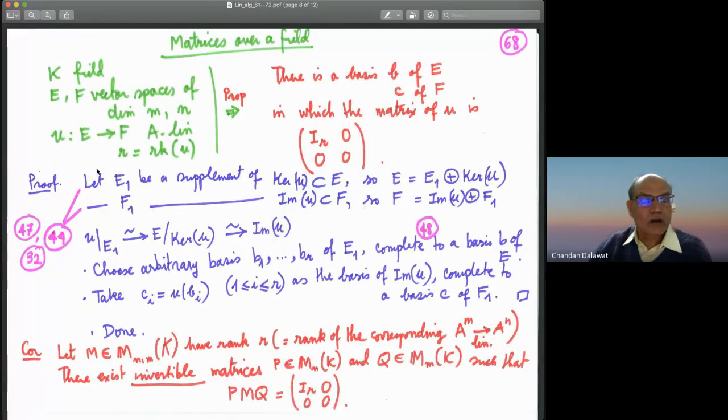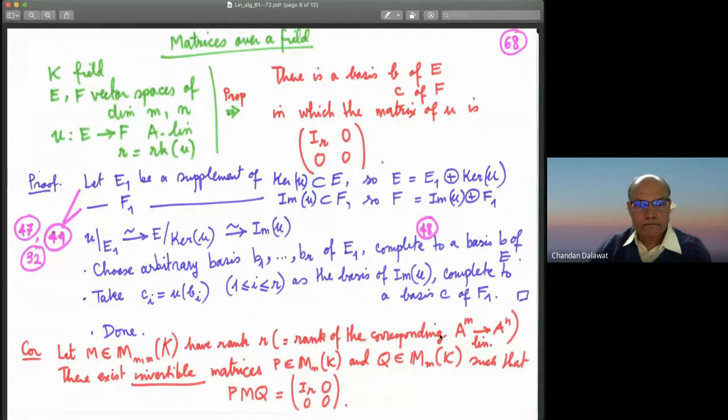So this proposition is essentially equivalent to the corollary, which says that if I have a matrix with n rows and m columns over a field K, and the rank of the matrix is R, what is the rank of the matrix? It's the dimension of the subspace generated by the columns of that matrix.